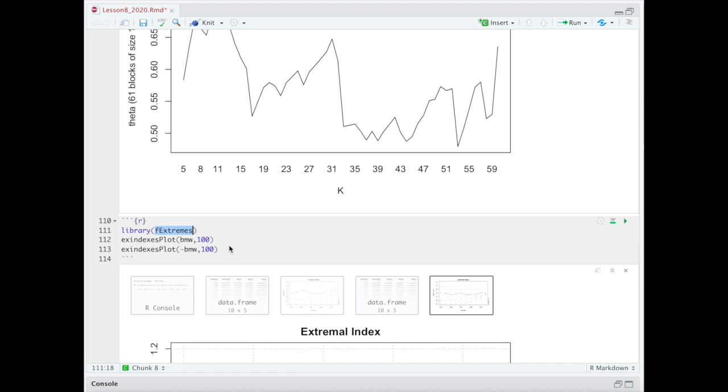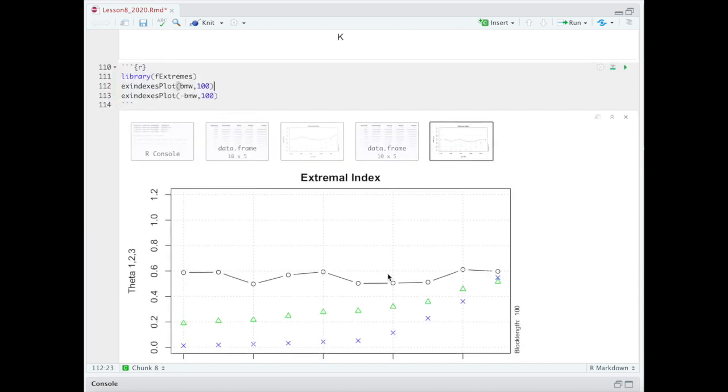So I think that for starting, evir is much better. But if you use this library, you can use the function xindexes. That essentially gives you a better way of giving an interpretation of the theta parameter.